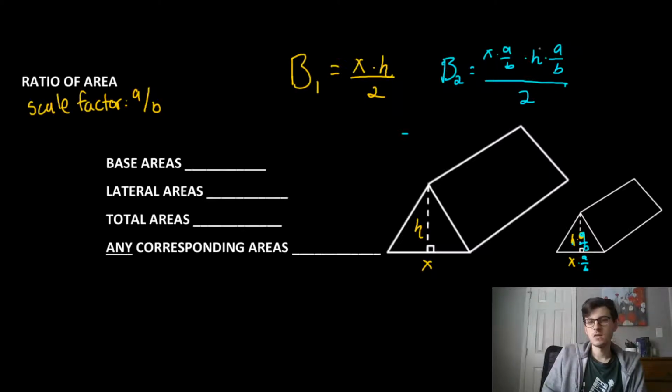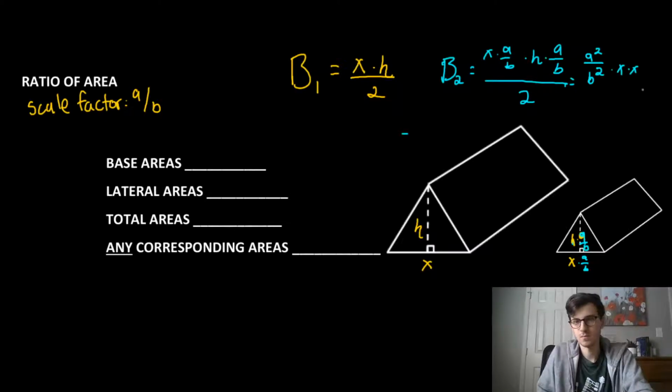If we simplify this a little bit, we can combine A over B times A over B. We get A squared over B squared times X times H divided by 2.